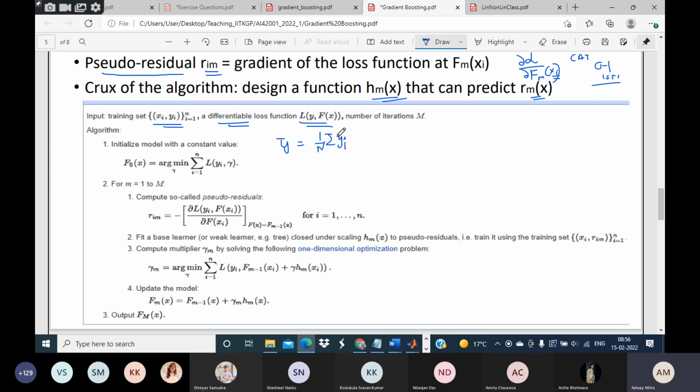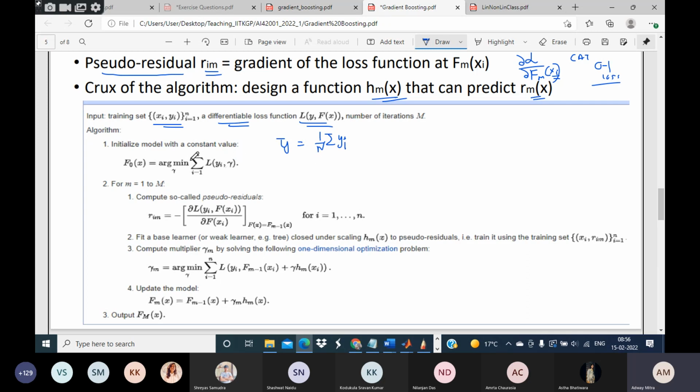If I am using this y bar as my initial estimate, then also I am minimizing a loss function only. I am minimizing the squared error loss function. You can convince yourself that if the loss function is the squared error, then the value of f naught x which I should be choosing is the y bar, the common mean. But anyways, that's a different matter.